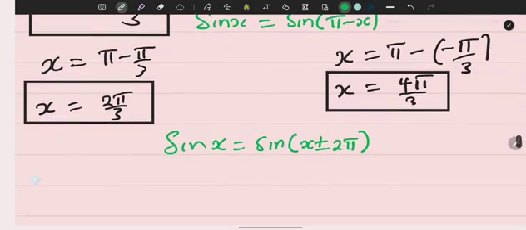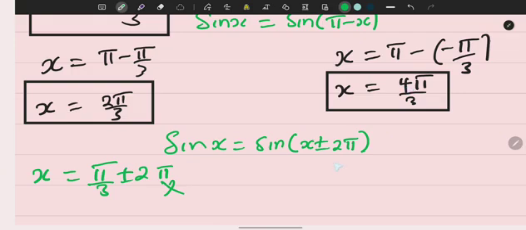So we put pi over 3 here, that will be x equals pi over 3 plus or minus 2 pi. Okay, if I use any of these, the answer I'm going to get will be outside the domain. So the first one will be pi over 3 plus 2 pi, which is more than 2 pi. The second one will be pi over 3 minus 2 pi, which is less than 0 degrees.